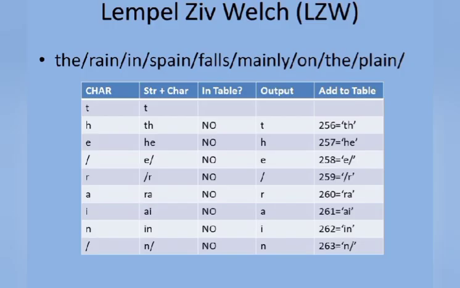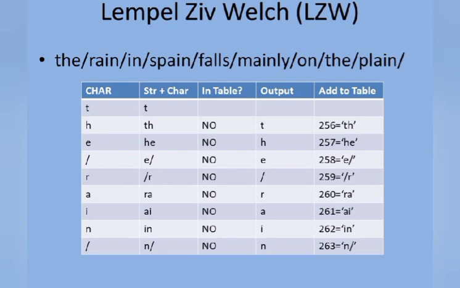So this is our string: The rain in Spain falls mainly on the plain, along with the slash. We have to create 5 columns. The first column is the character that we are reading, and then we will create a string using the previous character and the present character.